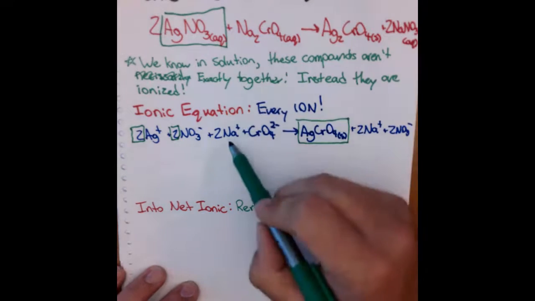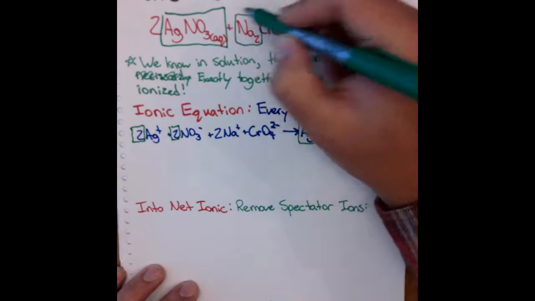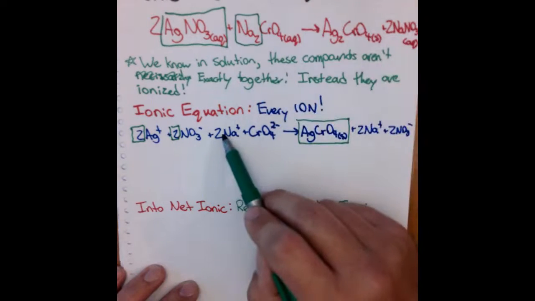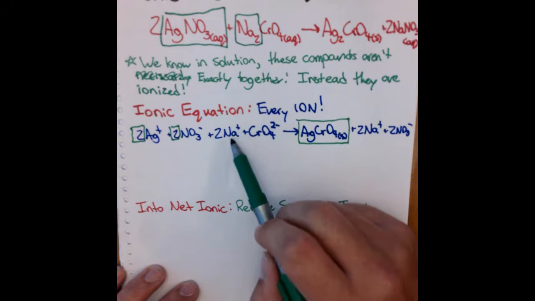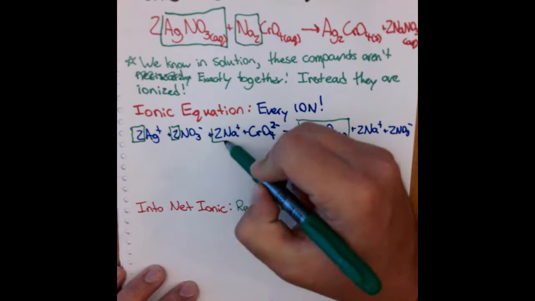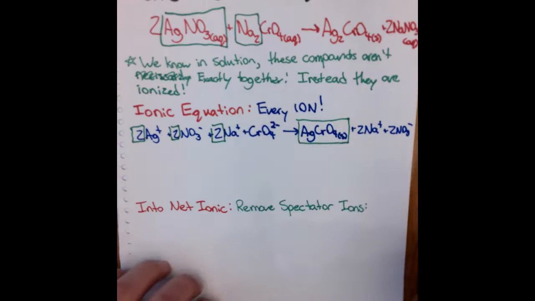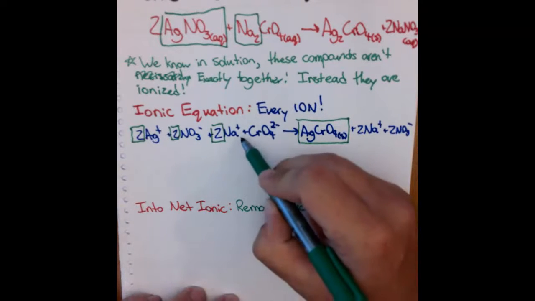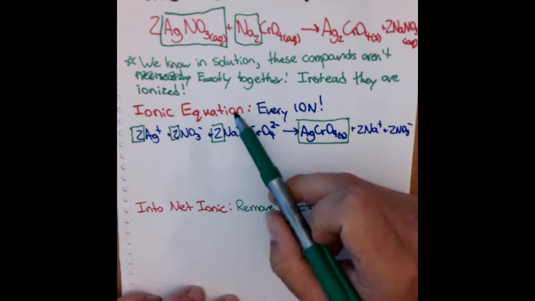Over here, we're going to see that there are 2 Na's, because we have 2 Na atoms in here. We don't put the 2 as a subscript below the Na because once it's ionized, those individual sodium ions are going to be on their own. So we're going to say that there are 2 individual Na plus as opposed to an Na2 molecule, because if we wrote an Na2, it would indicate that that Na is bonded to itself.